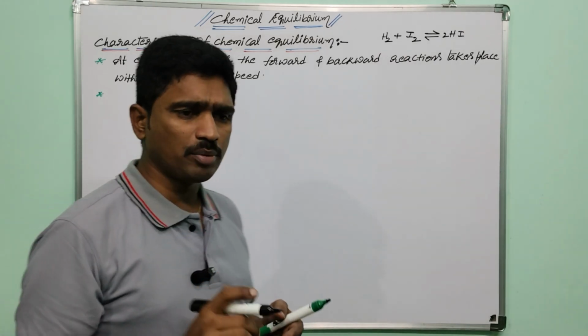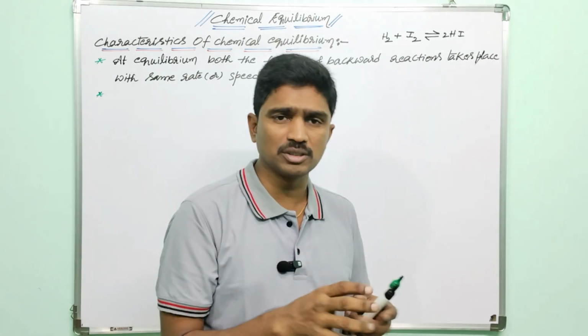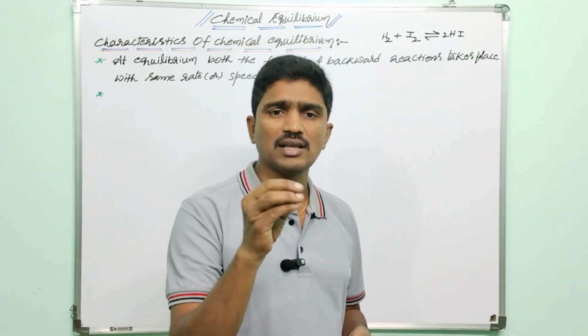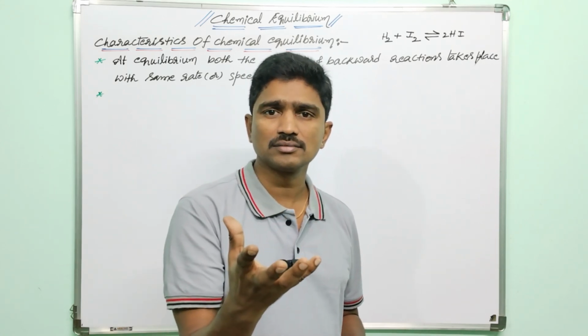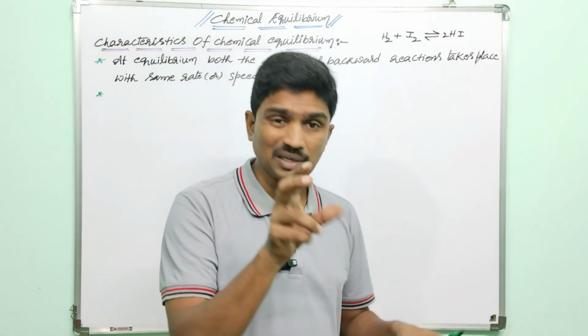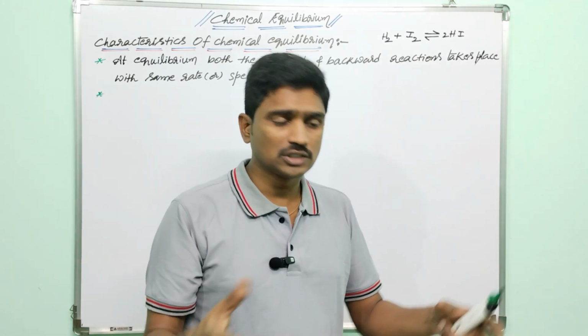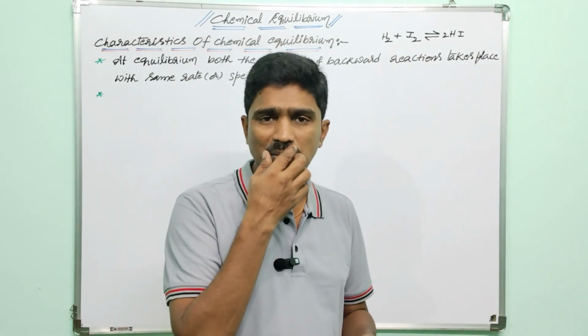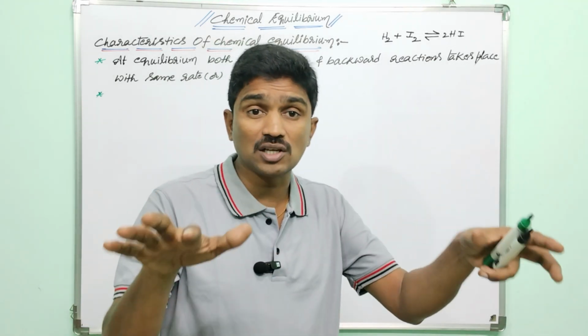Actually, at equilibrium, if you observe the reaction mixture, it seems that the reaction has stopped. Because some properties like color, concentration of reactants and products, pressure, density, volume, such measurable properties remain unchanged, remain constant.